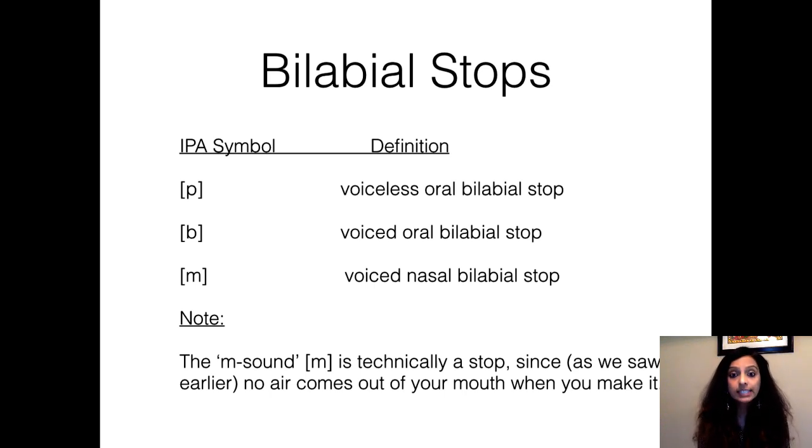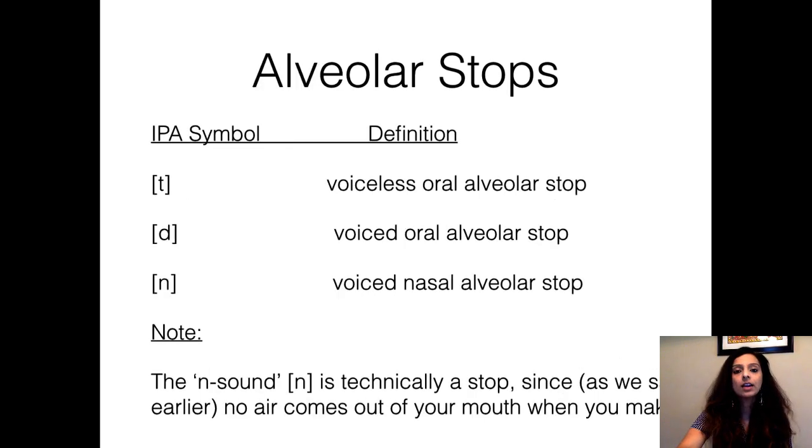Yes, that's right. The voicing parameter is the answer between p and b. And what is the one parameter that distinguishes p, b from m? The answer is nasality, right? Because p and b are oral sounds, but m is a nasal sound.